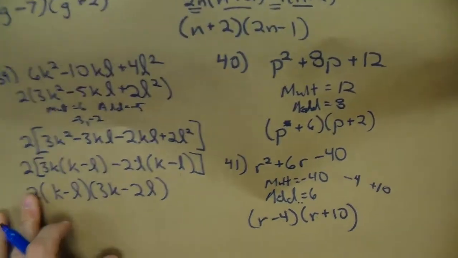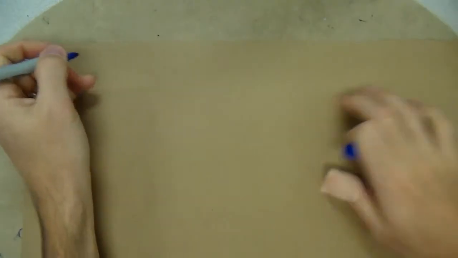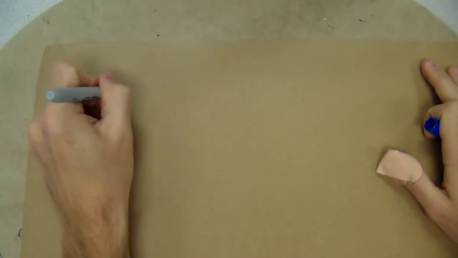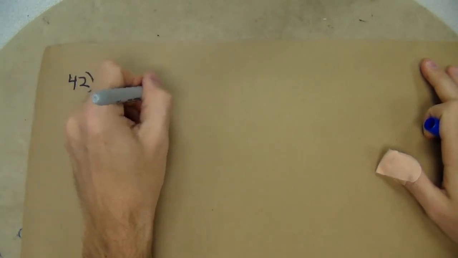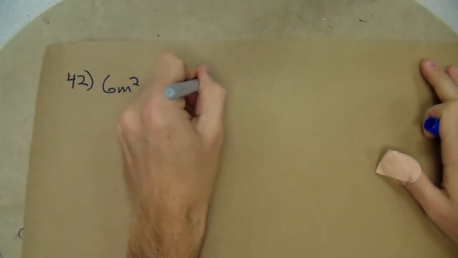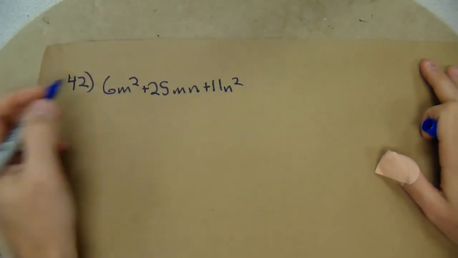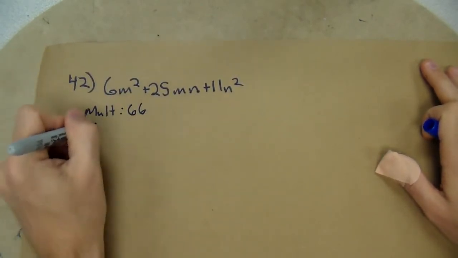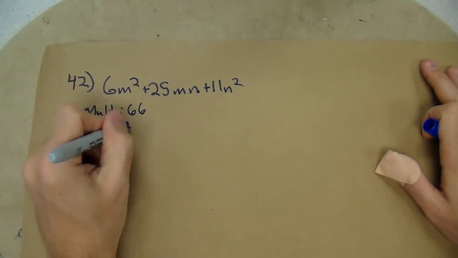For 42, on a new page, we have 6m squared plus 25mn plus 11n squared. So I'm looking to multiply to 66, add to 25.